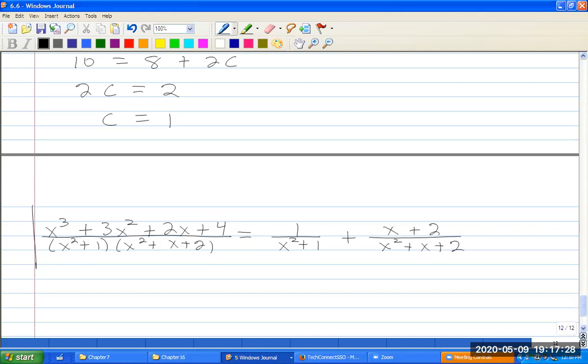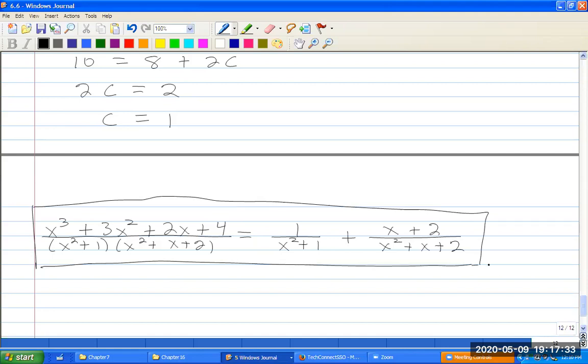And that is my partial fraction decomposition.